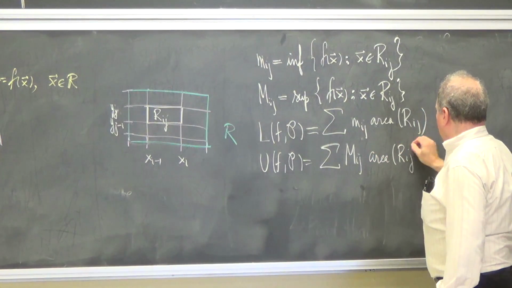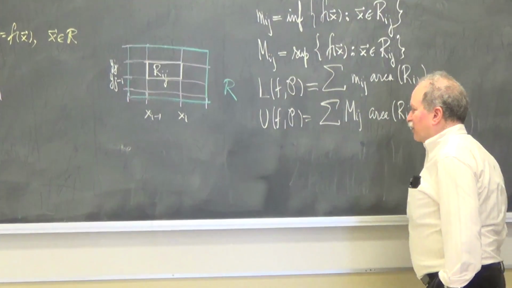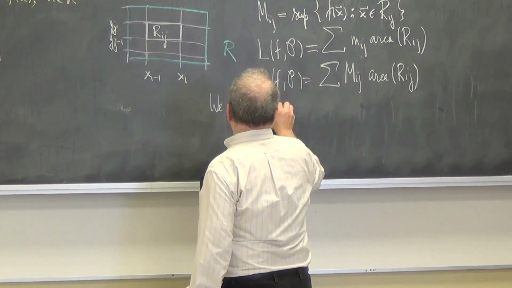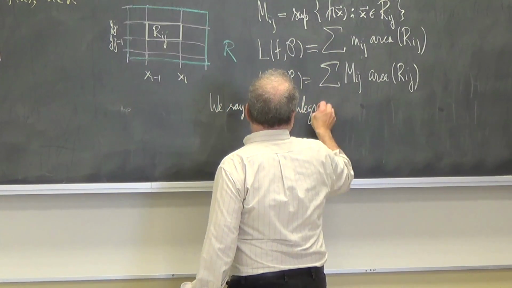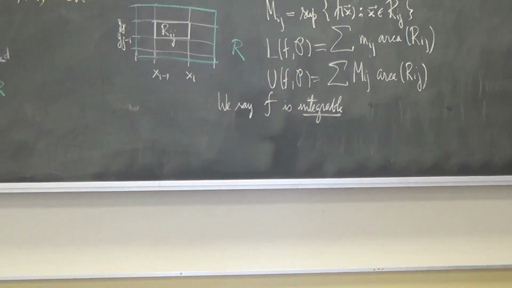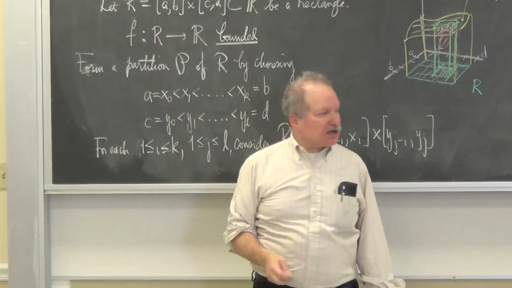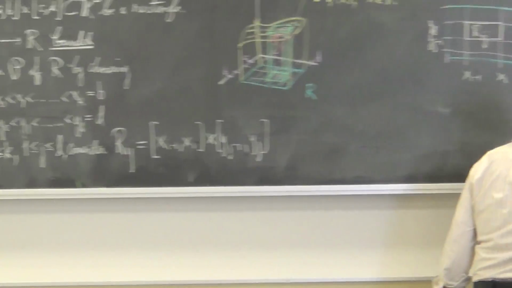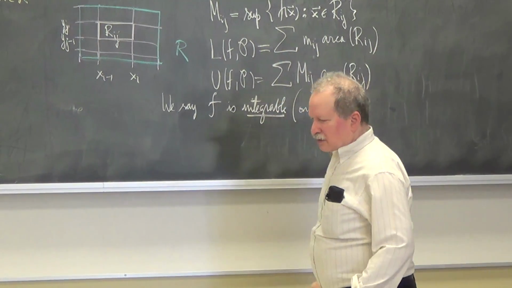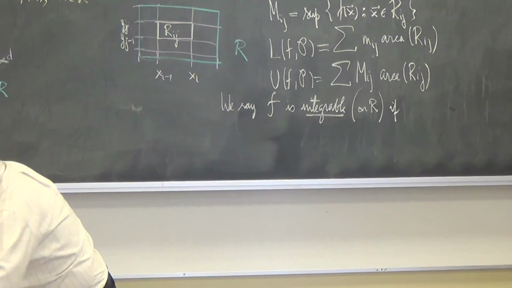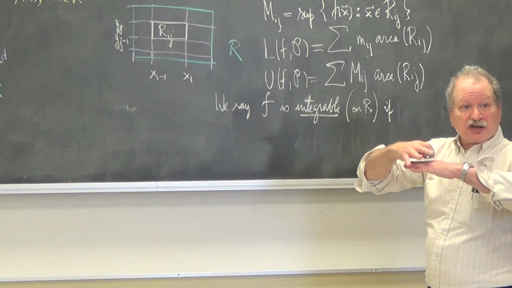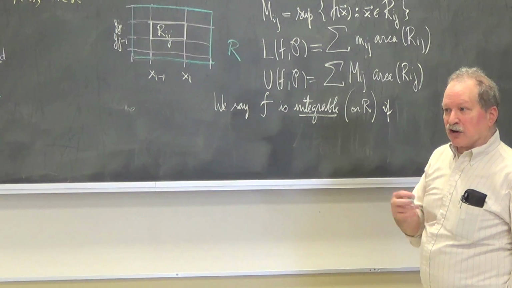So you do the circumscribed, that's the upper sum, and then the definition is, we say f is integrable. So this is a function that was defined specifically on the rectangle. We say it's integrable, meaning on the rectangle, if upper sums and lower sums are getting better and better approximations for some number that ought to be the integral.